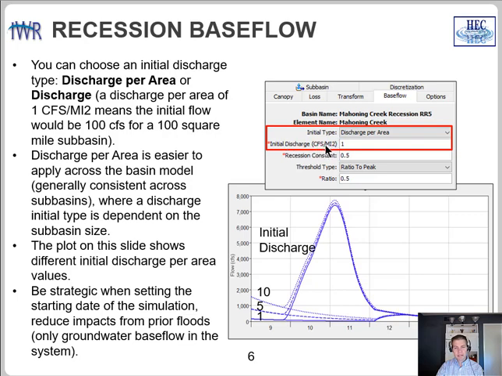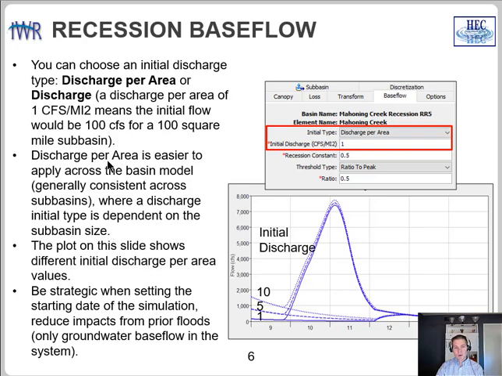And what this means is if you have a 100 square mile watershed and you specify an initial discharge of 1 CFS per square mile, then at the very first time step of the simulation, you would have a flow value of 100 CFS. And then the recession curve would turn on at that value.